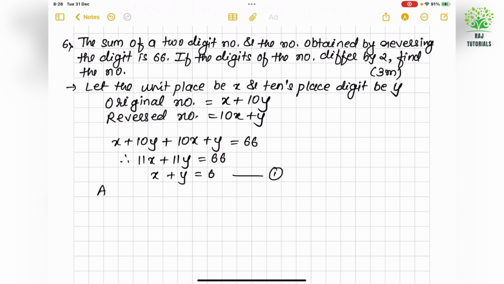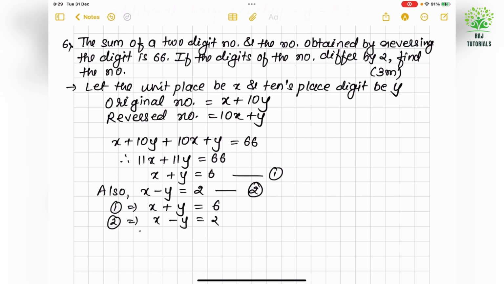Now also the difference of the digits is 2. So x minus y equal to 2. So this is the second equation. Solving 1 and 2, 1 implies x plus y equal to 6, 2 implies x minus y equal to 2. Adding both, y got cancelled, so 2x equal to 8.